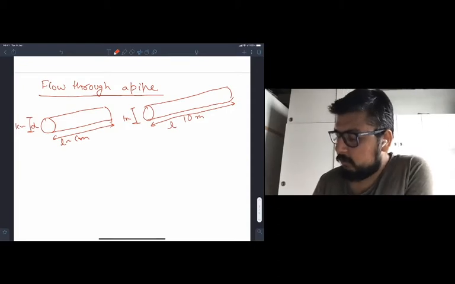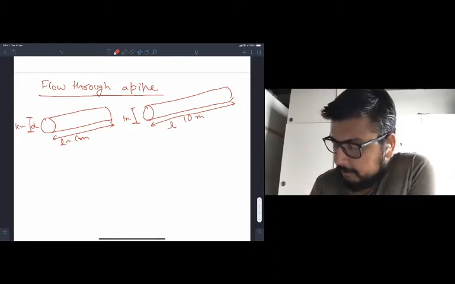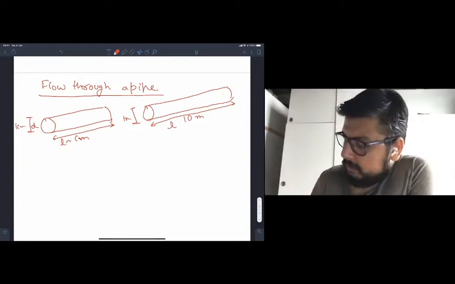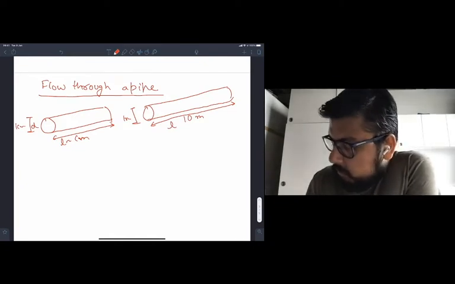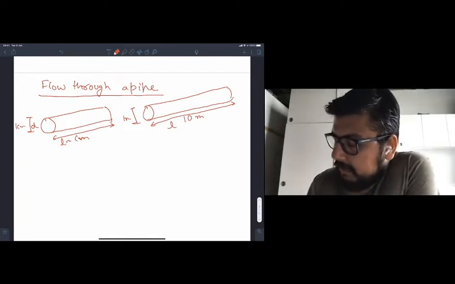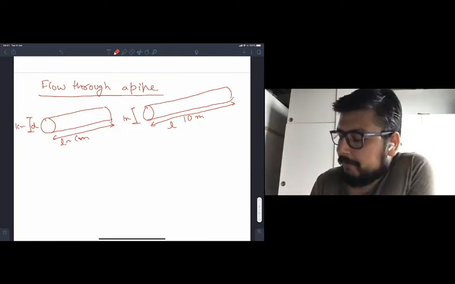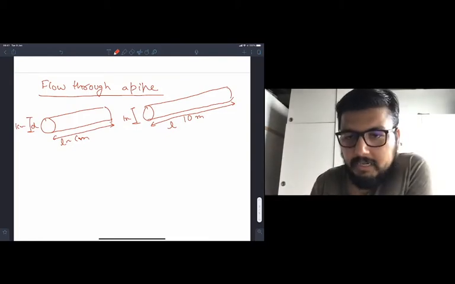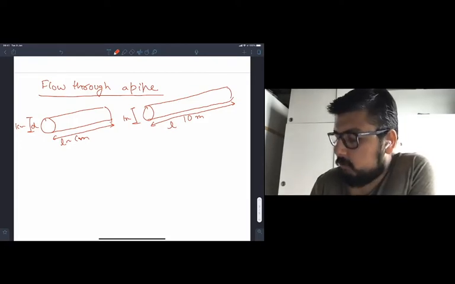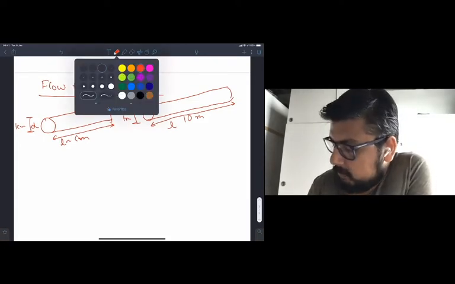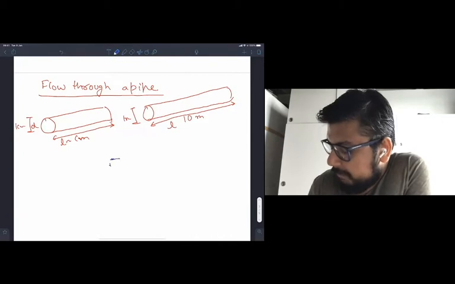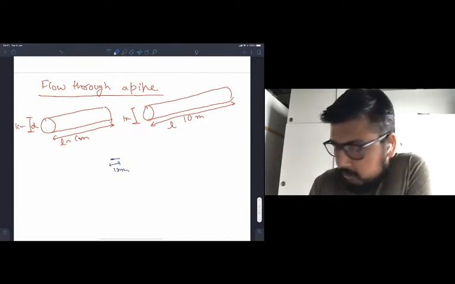But of course, the Navier-Stokes equation won't change. There is something which I should mention before we go deeper into the analysis, and that is the laws of physics are scale independent as long as we don't break any underlying fundamental assumption. So of course, if we take a pipe which is 1 nanometer in length, so of course this is not to scale, right?